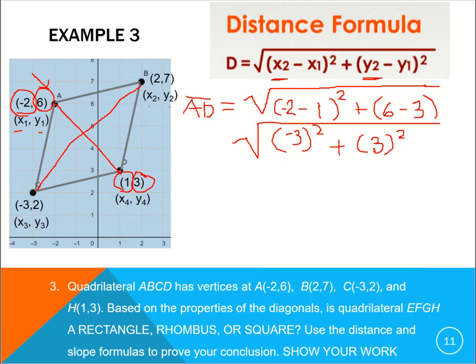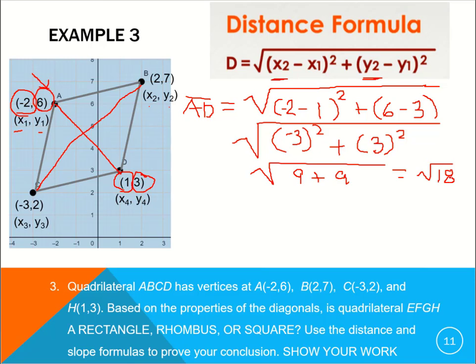And we're going to square that. All right, 3 times 3, whether it's positive or negative, anytime you square a number, you're going to get a positive. 2 negatives make a positive. So we have 9 plus 9, or the square root of 18. Now I can simplify that, but I don't have to.